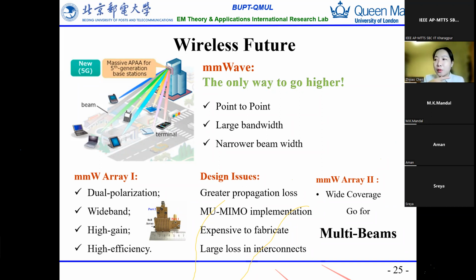So if, for example, you are taking a train and it's going very fast, sometimes your signal will be very low. And for the switched one, they just switch from one beam to another, so that's easier than doing a lot of calculation for the beam synthesis. Okay, this is my understanding of your question.